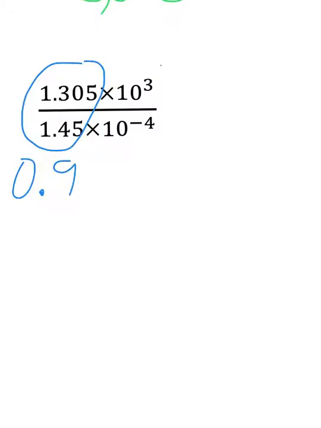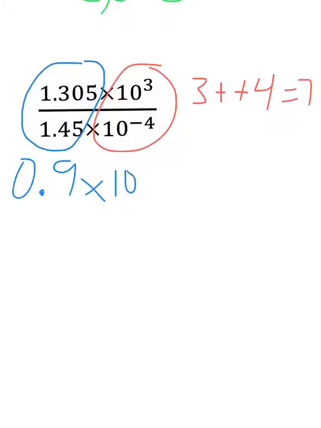Okay, and then we have our 10 to the 3rd divided by our 10 to the negative 4th. Be careful here. We have 3 minus a negative 4, so we get positive 7, right? Because it's actually 3 plus 4 now. So we have 0.9 times 10 to the positive 7th.